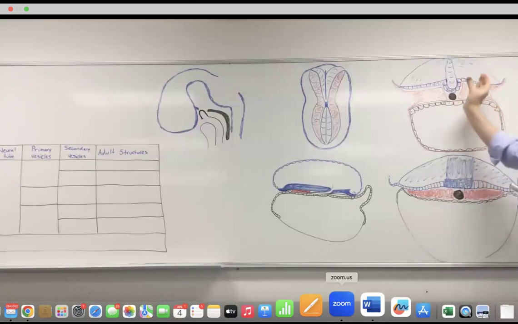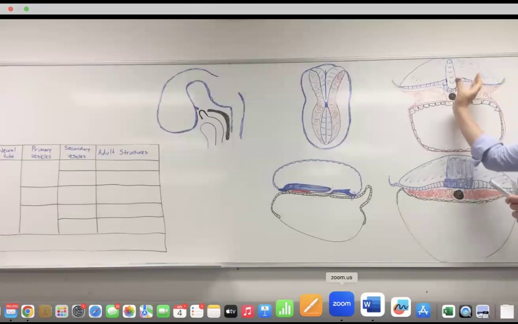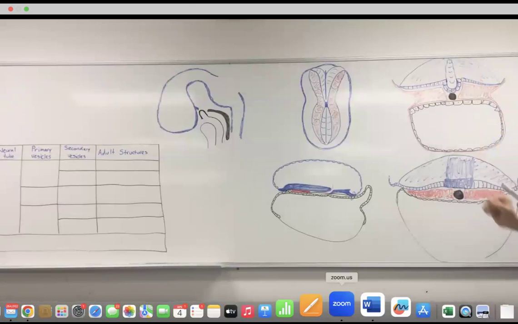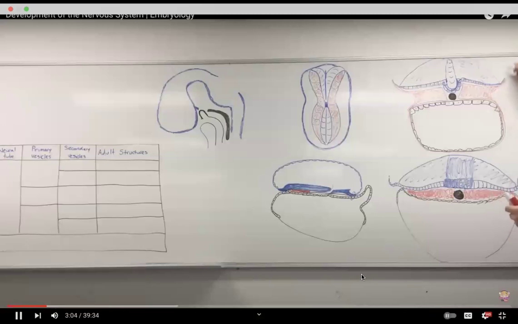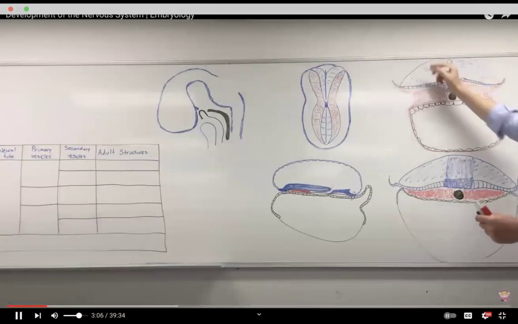So this is the beginning of the neural fold coming up into like a wave. So you can see it cresting up like so. The rest of it will continue across like that. That's the amniotic going up like that.